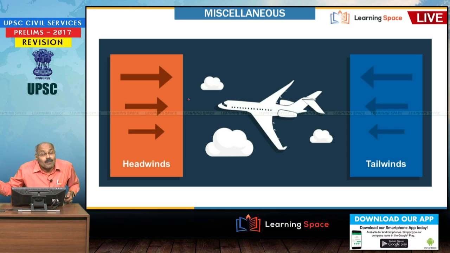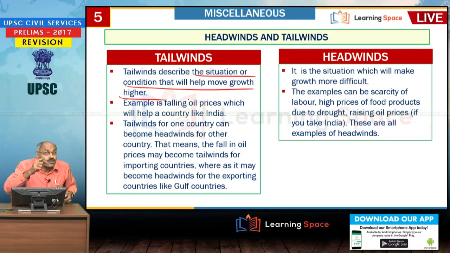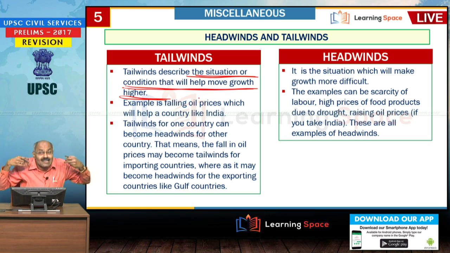Tailwinds means from behind, that means they propel growth. So, the difference between headwinds and tailwinds is, tailwinds describe the situation or condition that will help move growth higher, it will propel growth, but headwinds is the situation which will make growth difficult. They are in the opposite direction.